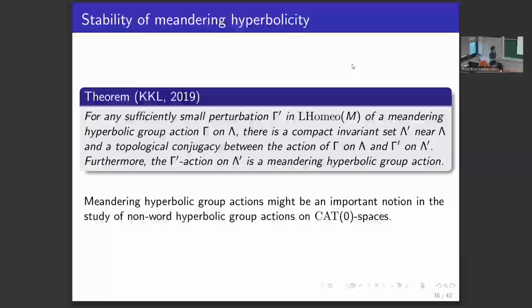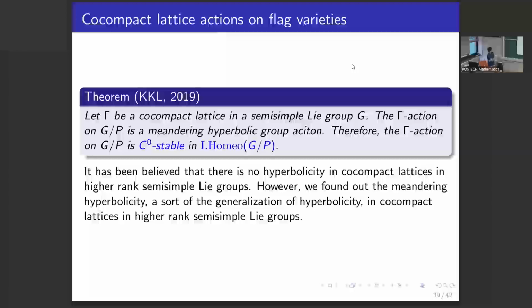But this is a very good notion for studying the Kähler group space action. We proved that for a co-compact lattice in a semisimple Lie group, its action on the boundary is a mindering hyperbolic group action. That means that even though the co-compact lattice in higher rank is rigid in the semisimple Lie group, it is stable in the diffeomorphism group.